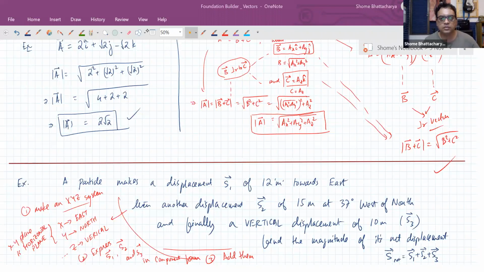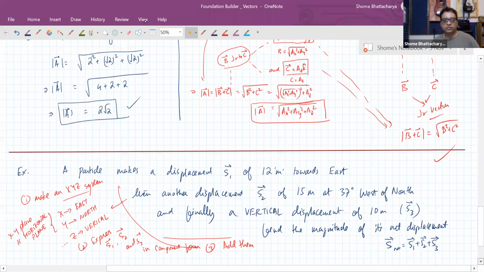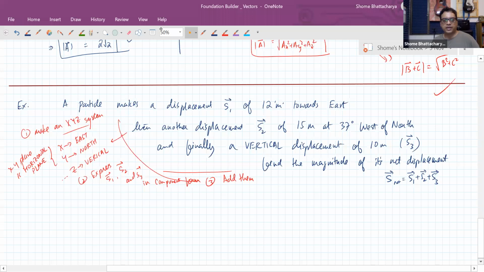Right? So anybody reached up to the first step, S1, S2, and S3 in i cap j cap form? So if you've written them in i cap j cap form, just send it to me in the text message, and let me try and explain that concept further by using a diagram.